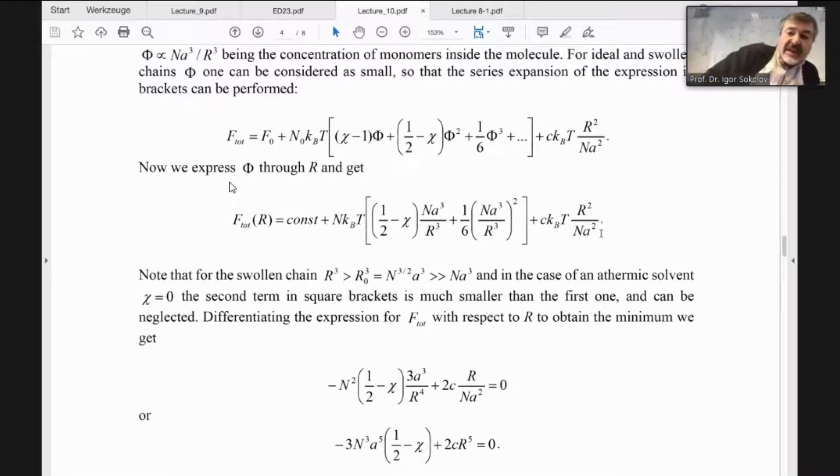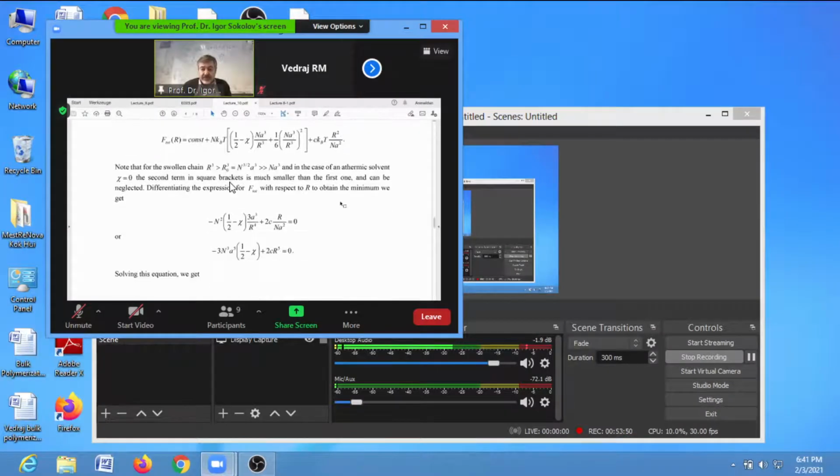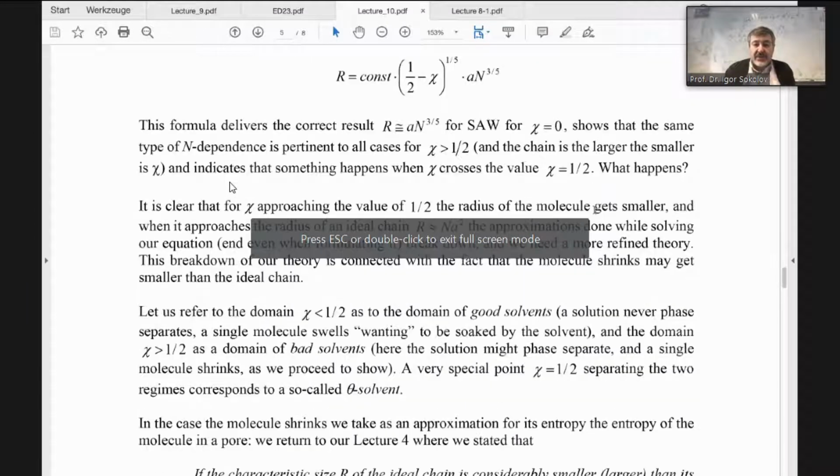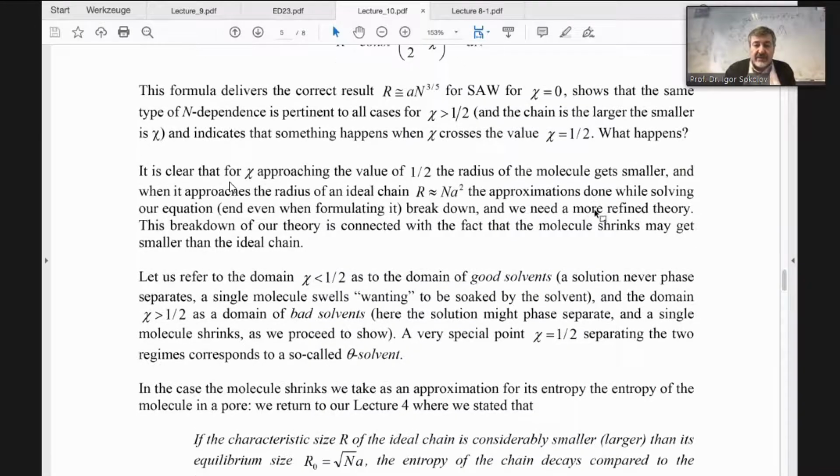So there must be a term which describes the change of the entropy when R gets smaller than the unperturbed length of a simple chain. And this is something I have already spoken about before.